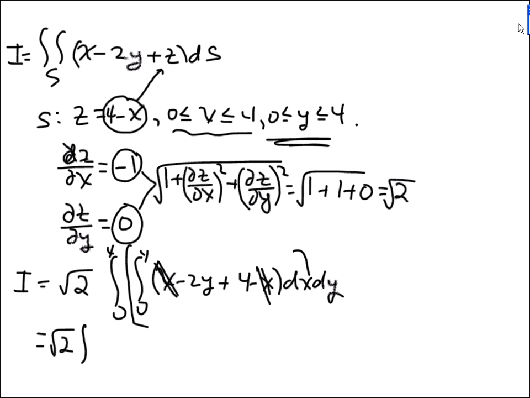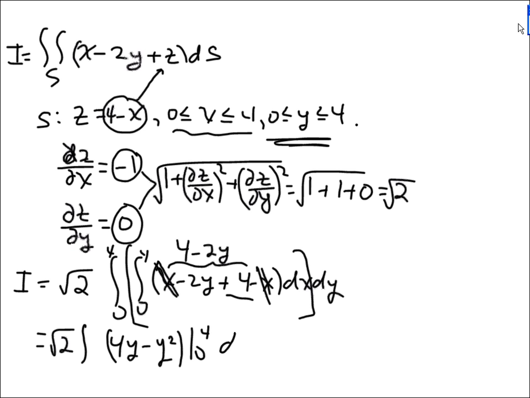I want to do this integral. So all that survived here was the positive 4 minus the 2y. When you integrate that, you get 4y minus y squared from 0 to 4 dy. When you plug in 4, you get 16 minus 16. That's 0. When you plug in 0, you get 0. So it's 0 dy.